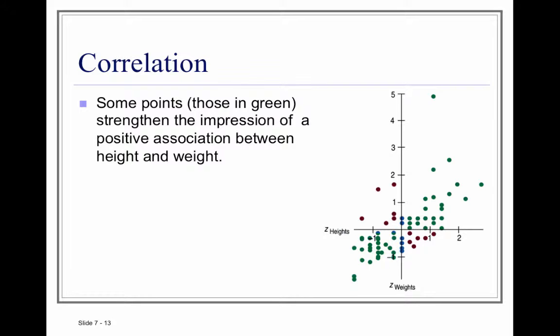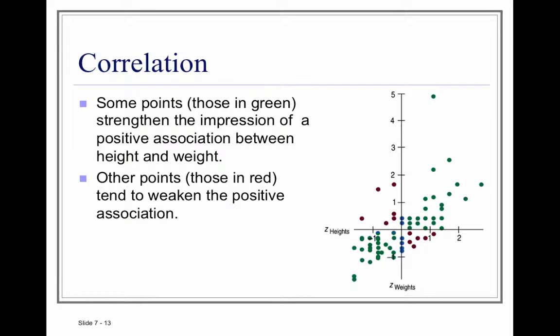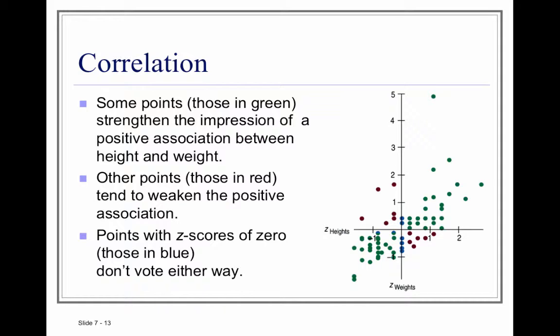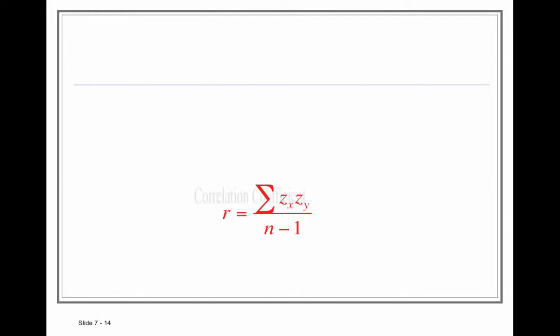And then we can see which points give a negative association, which are the points in red. And then which points don't have an effect on the correlation, which are the points in blue. What we can see here is that there are very clearly more green points than red points, so our correlation is going to be positive, but it's those red points that weaken the positive correlation and cause it not to be exactly 1.